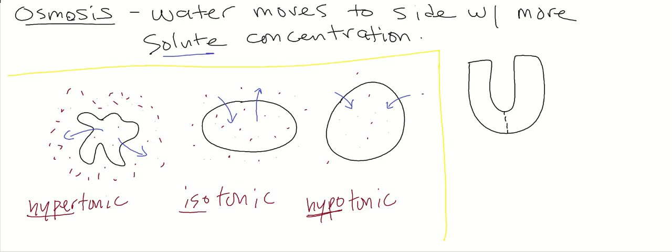All right, what you'll have is water filled up in this tube, and on one side you'll often have more solute than the other side, or a higher concentration. So given time, over time, what do you think that U-tube would look like? Which way would you expect the water to go?